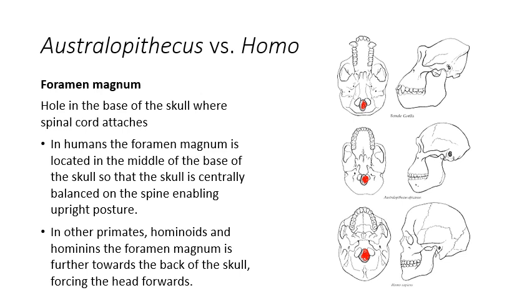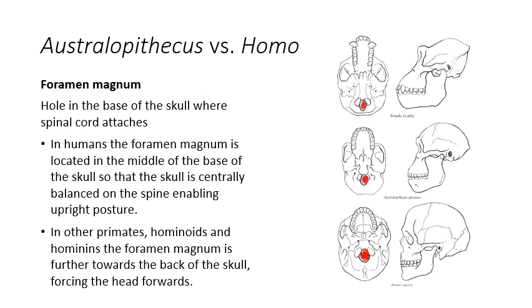As we move through the evolutionary path going from Australopithecus to Homo, we actually see this hole in the base of the skull where the spine attaches moving closer and closer to the center of the skull. And the reason for that is we want our skull to be attached to our spine right in the center so that when we stand straight upright, we are looking forward.